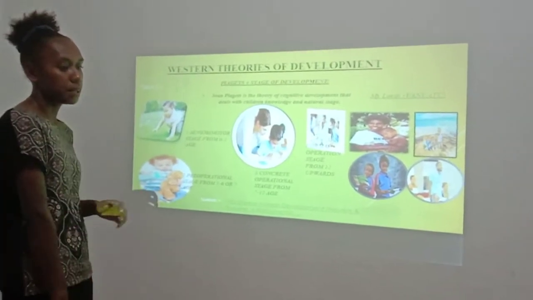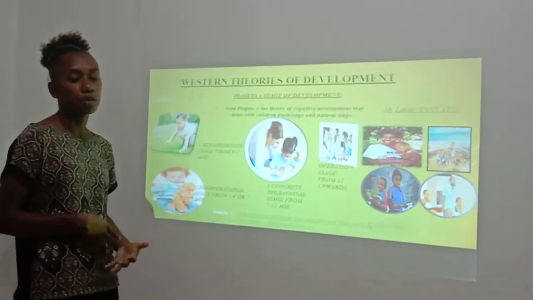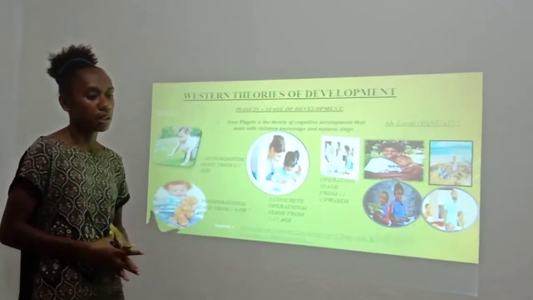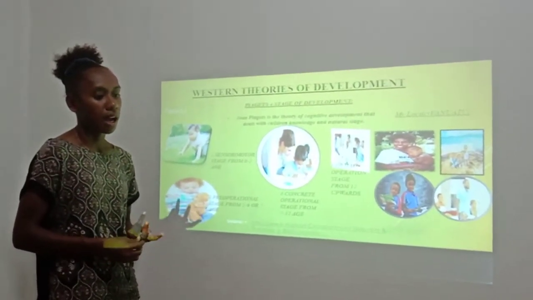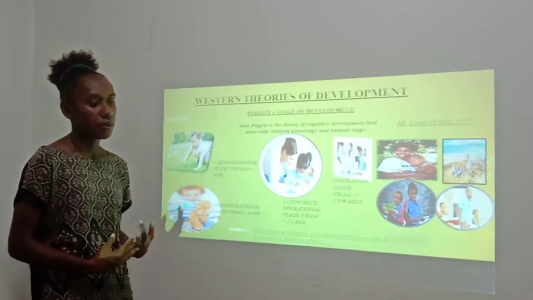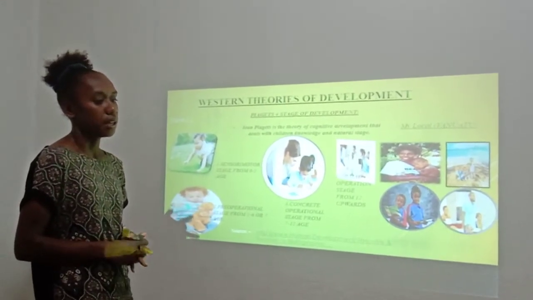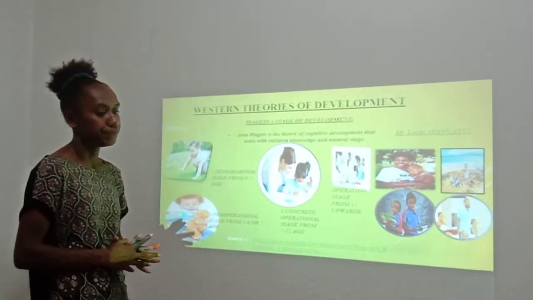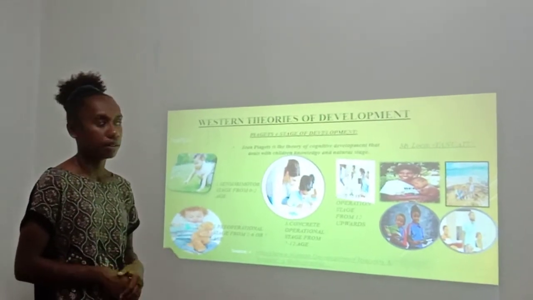Slide 4 is based on the theories of development in Western culture. Among those theories, I have picked Piaget's theory, Erikson's theory, Vygotsky's theory and Freud's psychosexual stages of development.